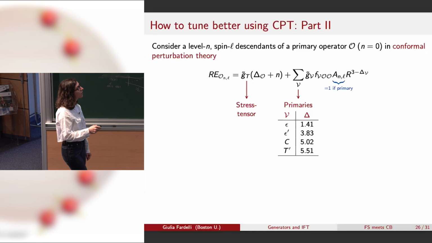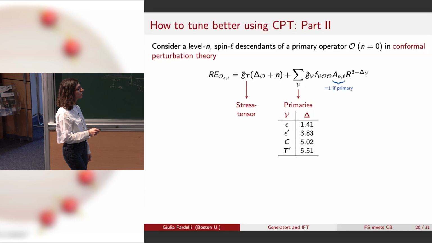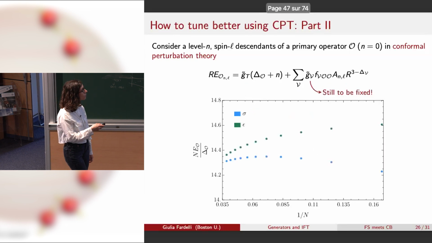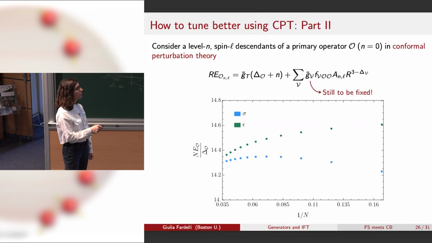And the primaries that we are going to consider now are not just epsilon and epsilon prime, which we focused on in the first part of the talk, but we also allow some other higher dimensional operators, so also C and T prime. And the reason why we still believe that you have to fix this better is that even if we are at the fixed point now, we are assuming that R is just proportional to n, and we just plot this as a function of 1 over n.